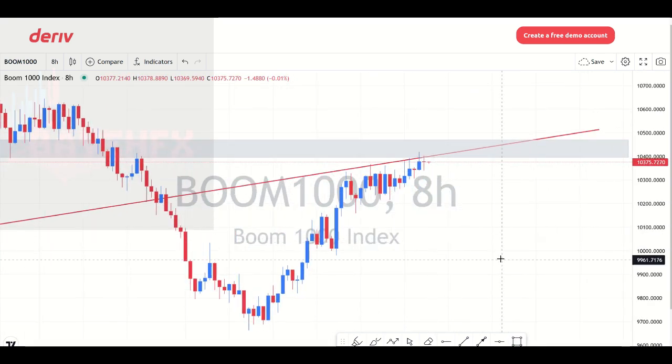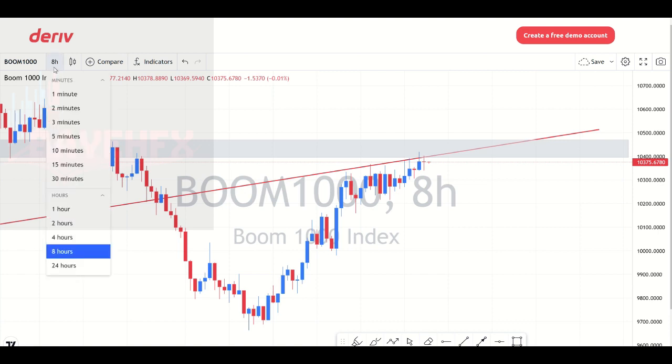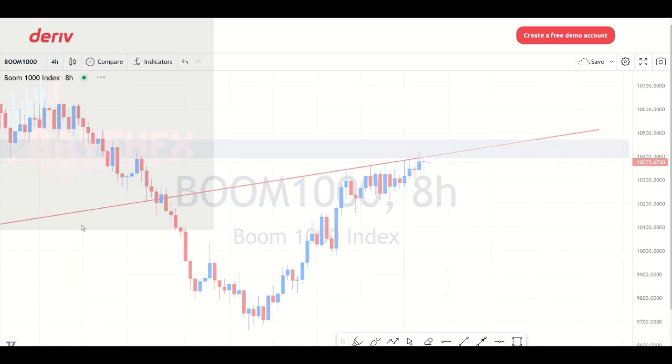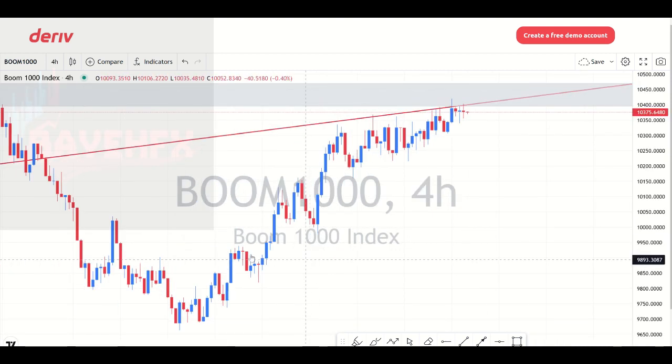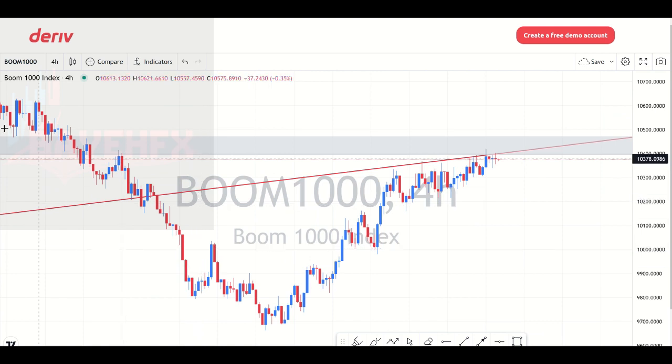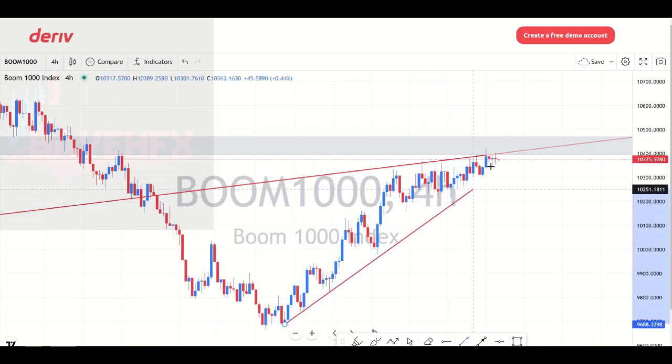So as you can see, we have a trend there. We can see multiple rejections on that particular zone. So let's go down to the 4 hours time frame to see if we are ready yet. So I think we are not yet ready. The market is still in a nice compressed zone. That could tell you it's gathering up liquidity.